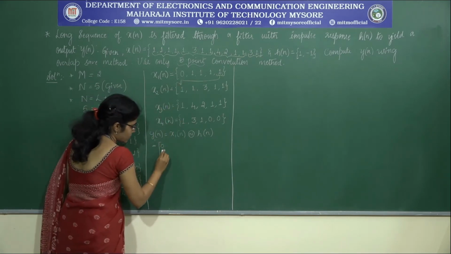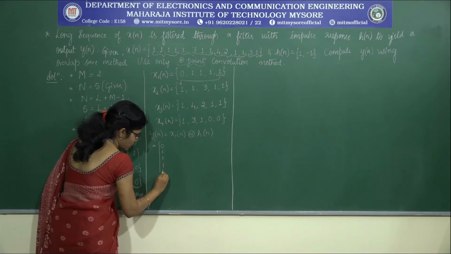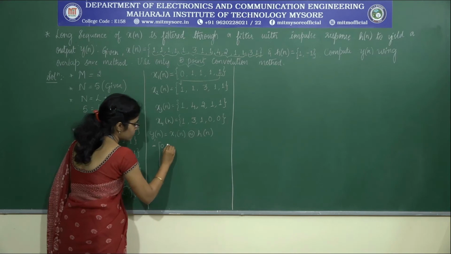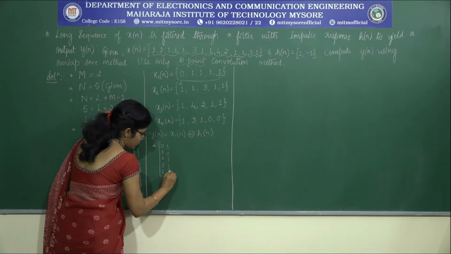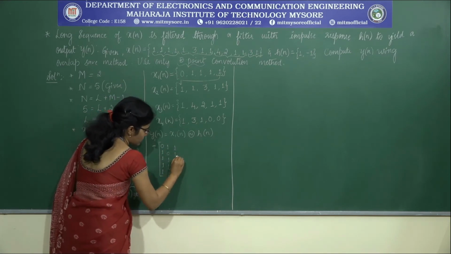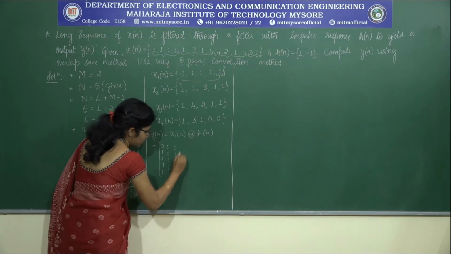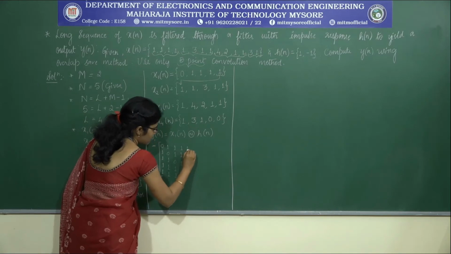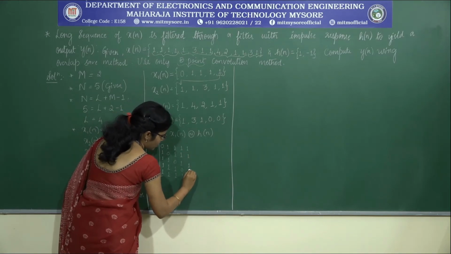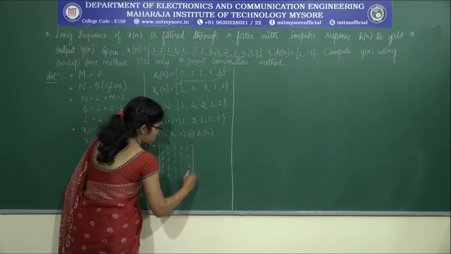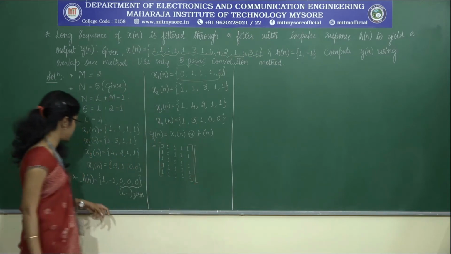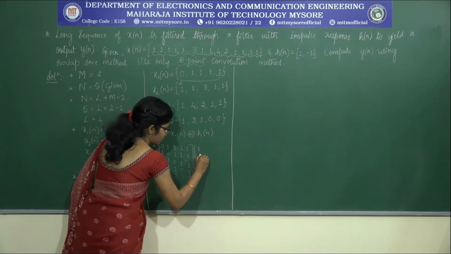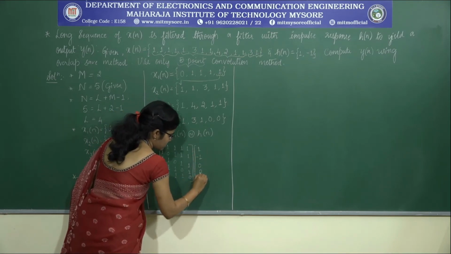This is the sequence 0, 1, 1, 1 and 1. Shifting gives us 1, 0, 1, 1, 1. Again it is 1, 1, 0, 1, 1, 1, 1, 1, 0, 1, 1, 1, 1, 1, 0. What is h of n? h of n is this data, that is 1, minus 1, 0, 0 and 0.